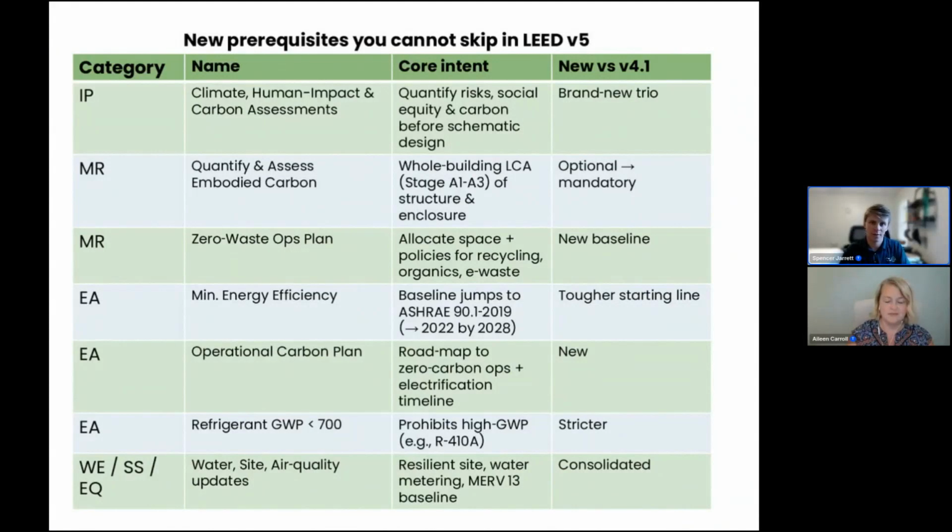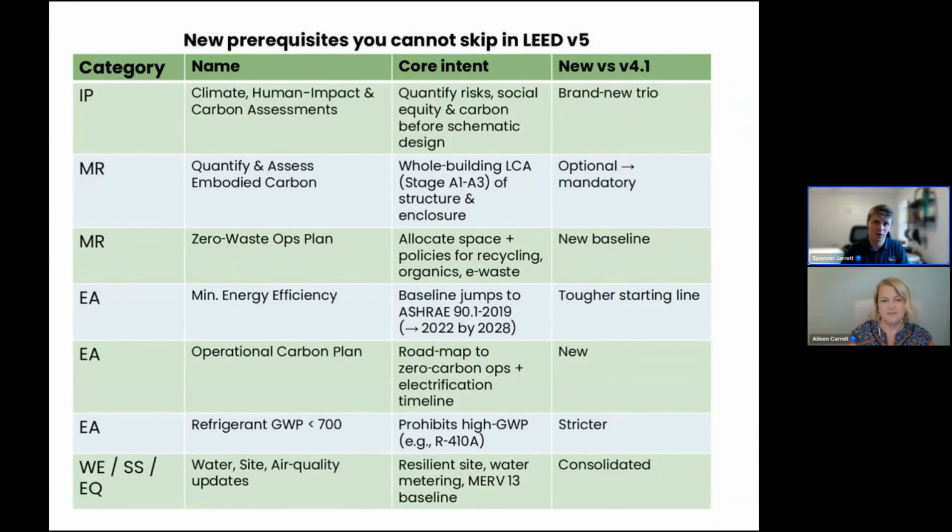So first, the IP credit prerequisite now bundles 3 different analyses. One, a climate risk to study the acute hazards, heat waves, floods, wildfires, things like that, that are local and relevant to your project site. 2 is exploring the human impact assessment that touches equity, displacement risk, and community health outcomes.